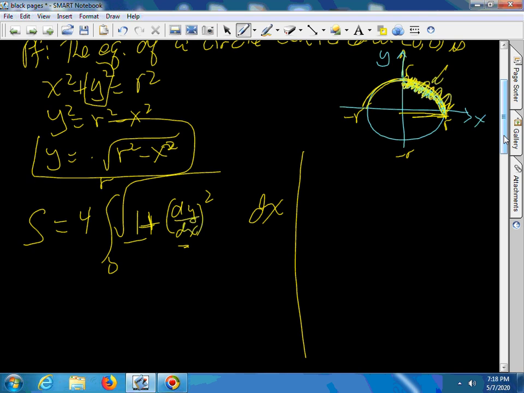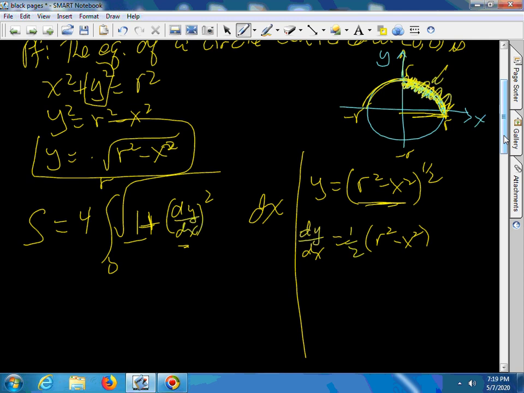In fact, let's find out what 1 plus (dy/dx) squared is. Well, y is equal to the square root of r squared minus x squared. I'm going to write the square root as a half power. So if you have a function to a constant power, you use the general power rule. You keep the function the same, just like when it was x. You bring down the power, you make the new power 1 less, which is negative 1/2.